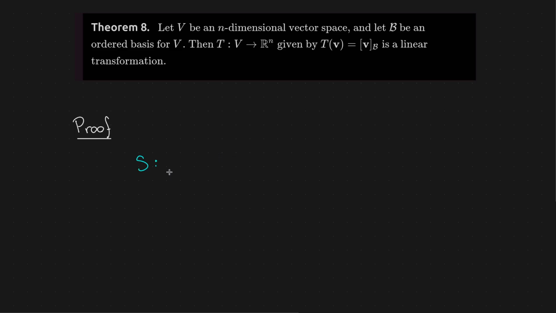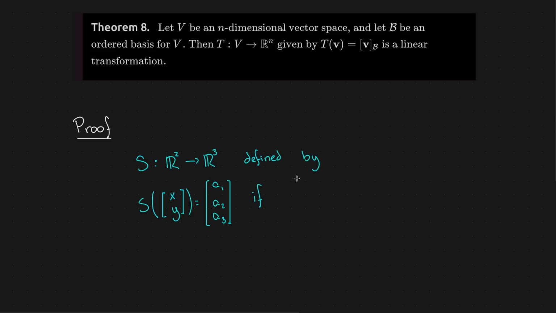Actually, let me be a little clear here. Let's say R^2 to R^3, defined by S of (x, y) equals (a1, a2, a3) if (x, y) is equal to a1 times (1, 0) plus a2 times (0, 1) plus a3 times (1, 1).